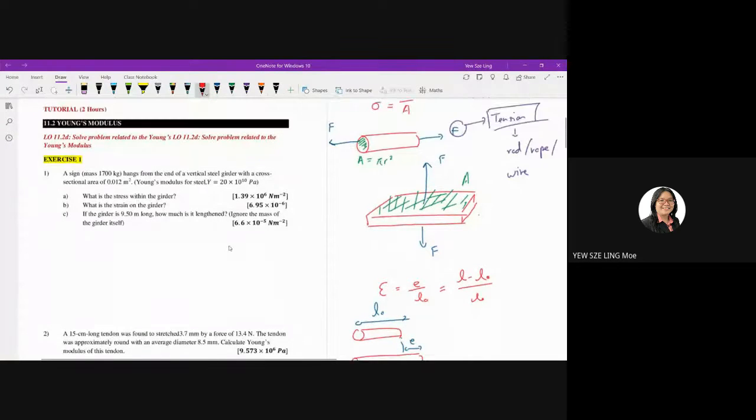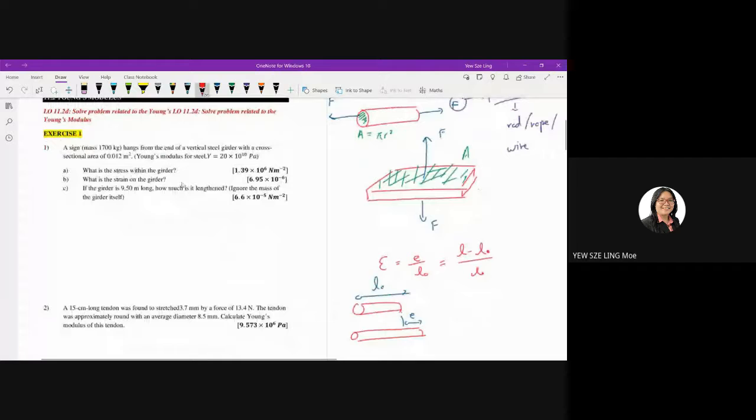Now let's look at question 1. A mass of 1,700 kg is hung from the end of a vertical steel girder with a cross-sectional area of 0.012 m squared.